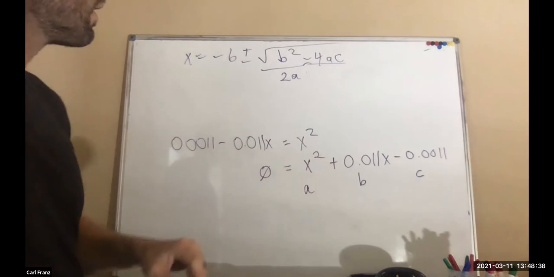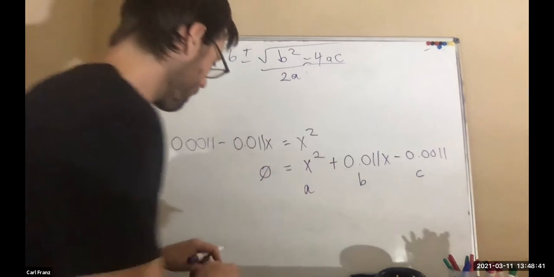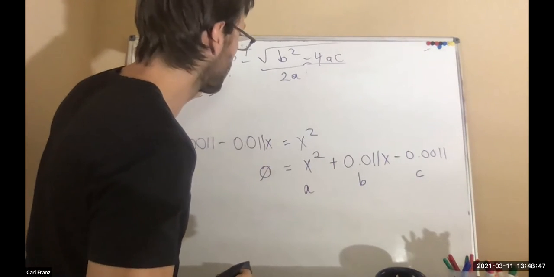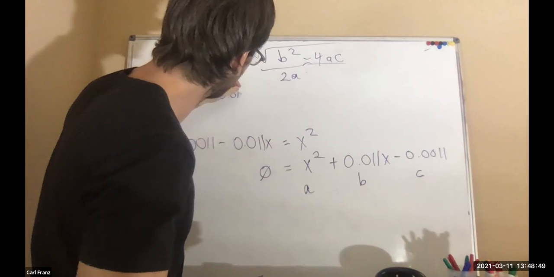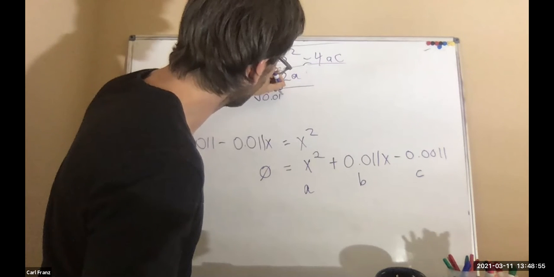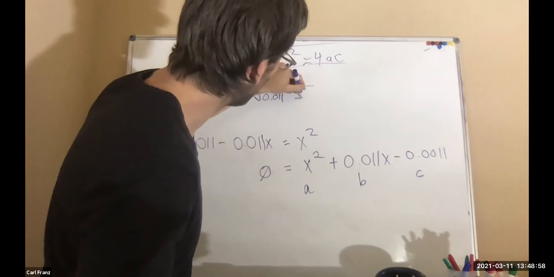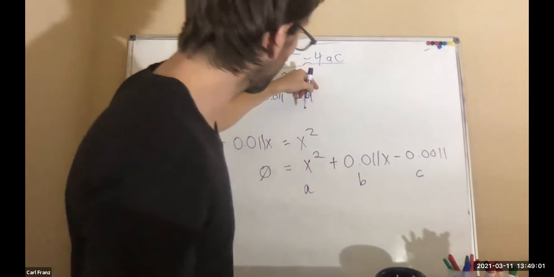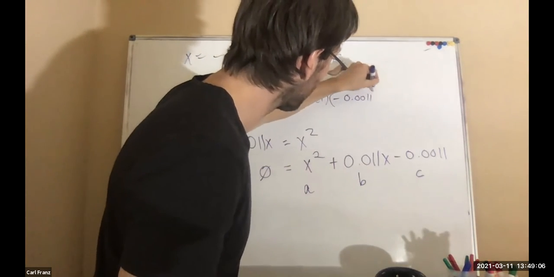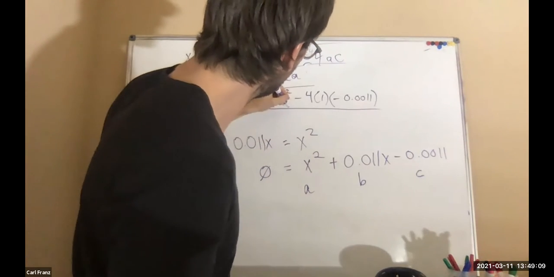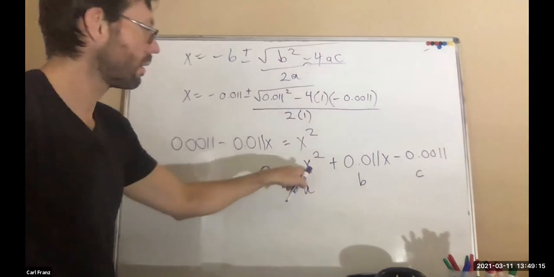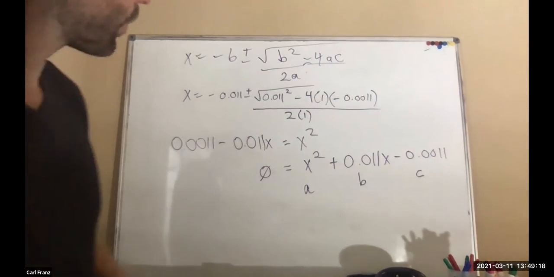B is 0.011. So we write x is equal to negative 0.011 plus or minus the square root of 0.011 squared minus 4a, where a is just 1, and c is negative 0.0011, all over 2 times 1, because again, a is just 1. What happens when you crunch all that out?